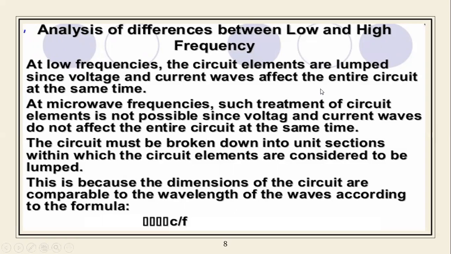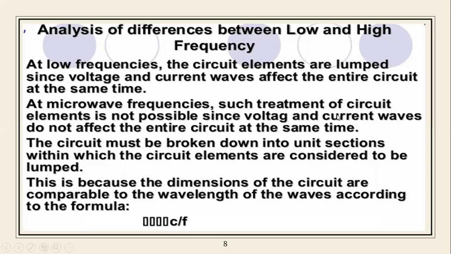Already we have studied the network elements: time varying, linear and non-linear, bilateral and unilateral. Similarly, lumped and distributed. One example of distributed is the transmission line, where the components are distributed along the lines, and the lumped ones are combined.